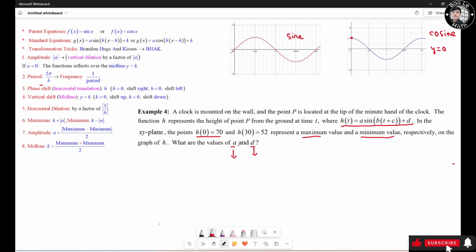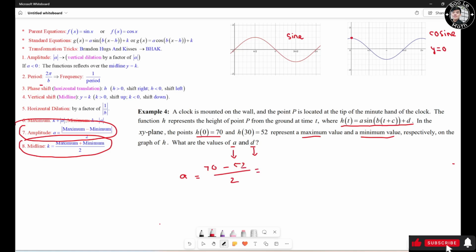So in order to solve for the midline, we use the formula right here, right? In order to solve for amplitude, we use the formula right here, right? So A equals maximum subtract minimum divided by 2, which is 70 subtract 52 divided by 2, right?